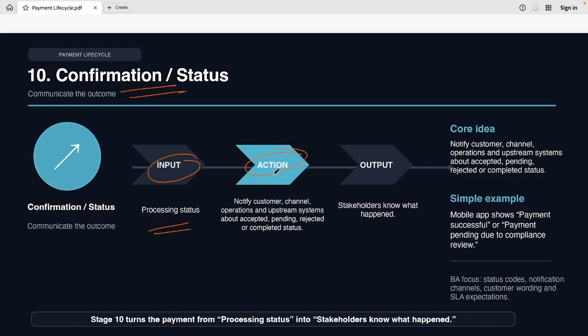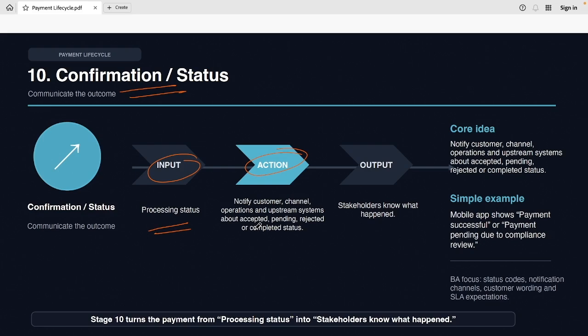The bank communicates the status to the customer through the mobile or internet banking channel, to the branch, operation team, corporate systems, upstream systems, other internal applications, right? So it will basically communicate with statuses like received, accepted, pending, under review, rejected, and so on.